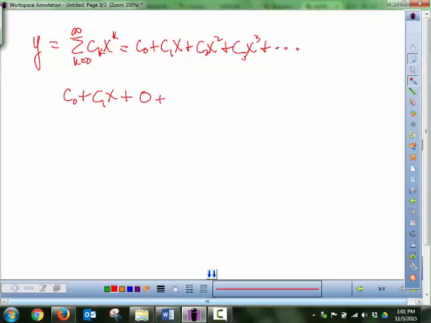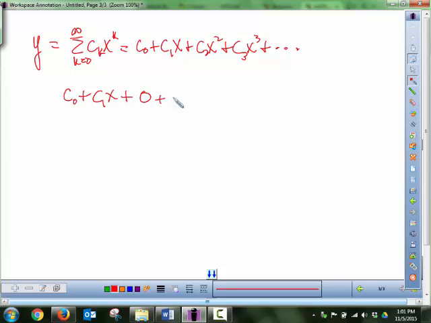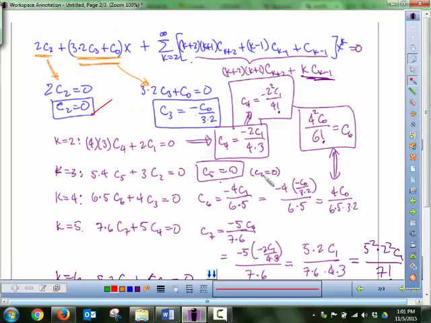Now let's go back and fetch our c sub 3. That's negative c sub 0 divided by 3 factorial. So negative c sub 0 divided by 3 factorial times x to the third. That's c sub 3. C sub 4, I think it's another negative. C sub 4 is negative 2 c sub 1 divided by 4.